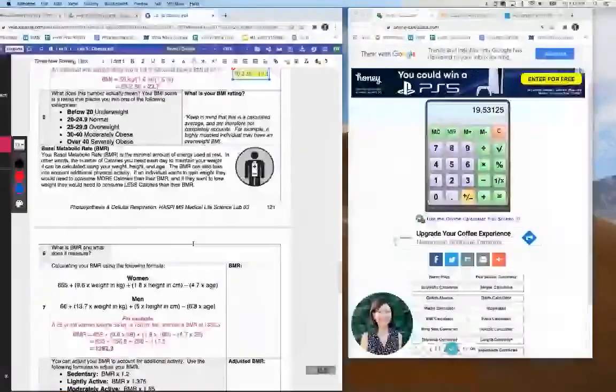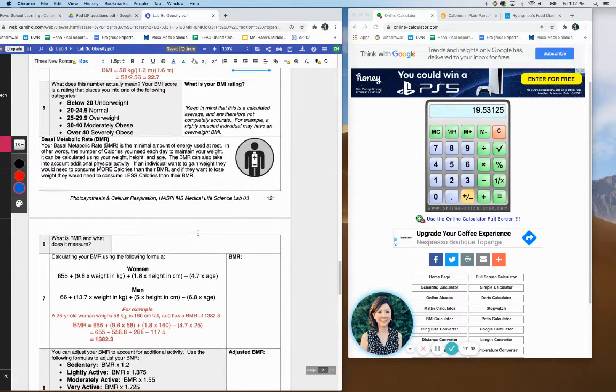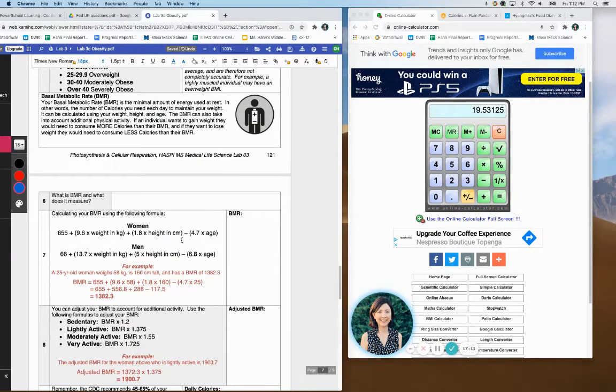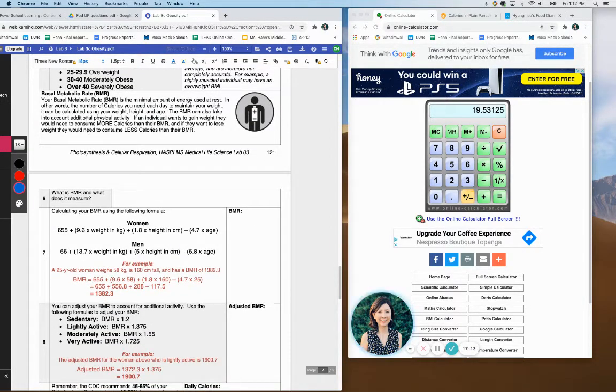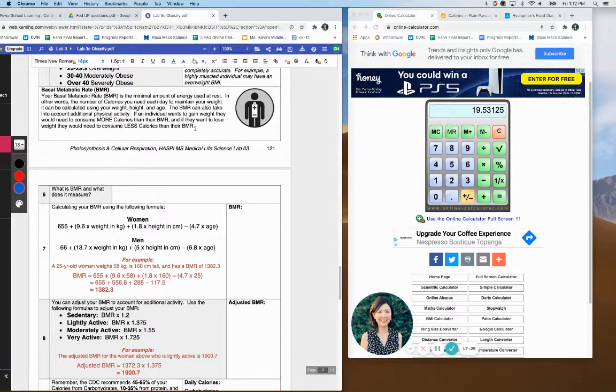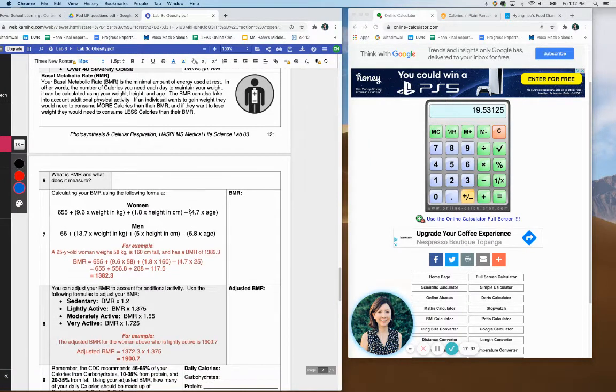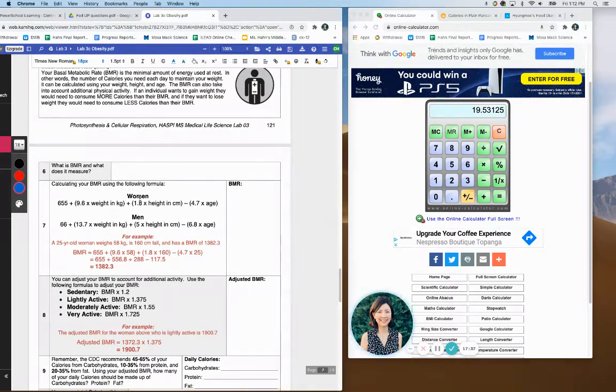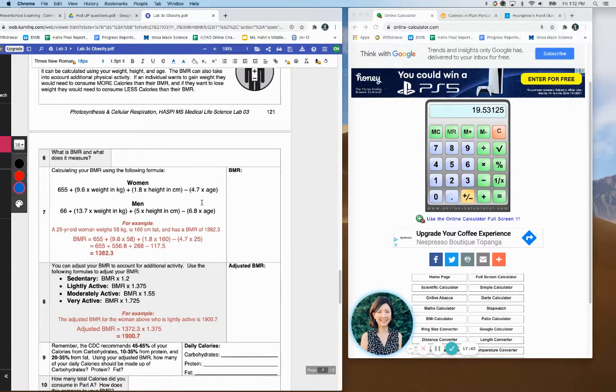Okay, and then you're going to be following this to calculate your metabolic rate, what your level of burning energy is at rest. So I don't know if you've heard, when you're young, you have a high metabolism. When you get older, it slows down. Guys tend to have a higher metabolism than women. So that's why you can see that we've got a different formula for women, a different formula for men, and it takes your age into account.